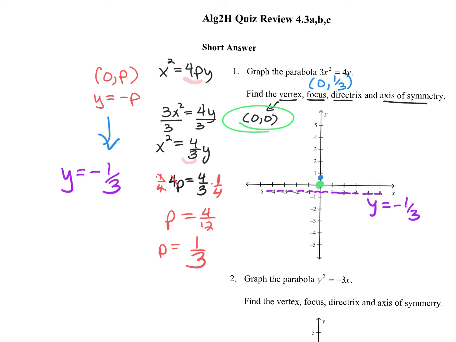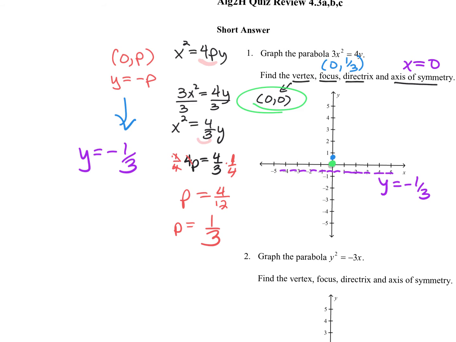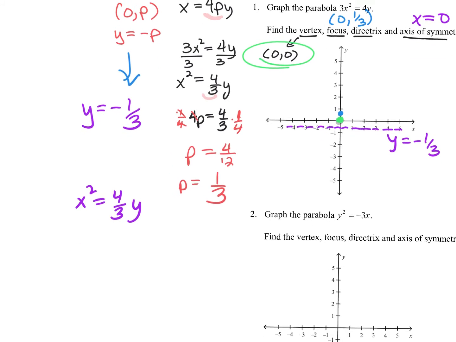Now, I'm going to go ahead and have you find an additional point just to see how wide or how fat it is. Also, we have to list the axis of symmetry. My axis of symmetry here is x equals 0. It's the y-axis. So let me take my equation, x squared equals 4py, and plug in a number to get an ordered pair.